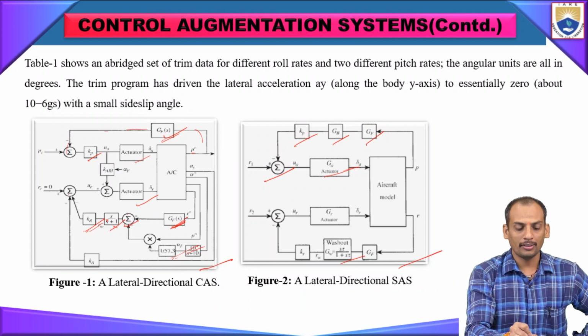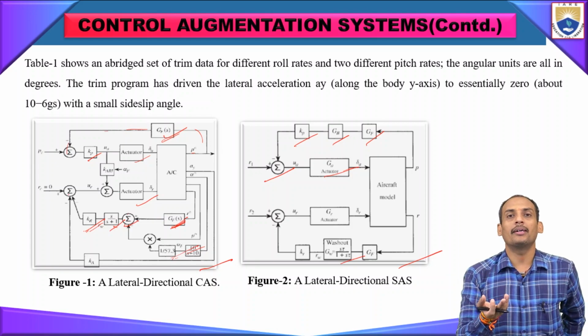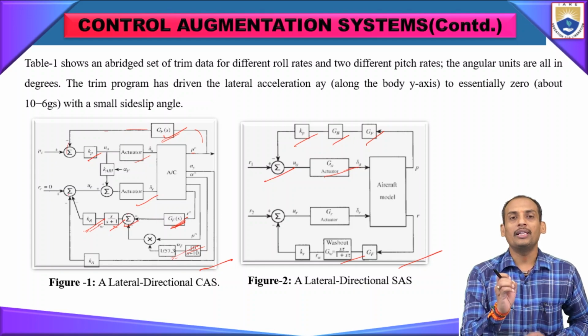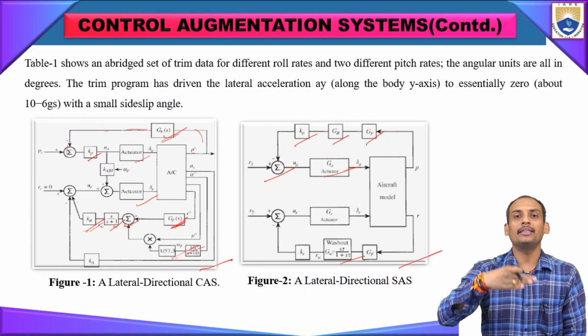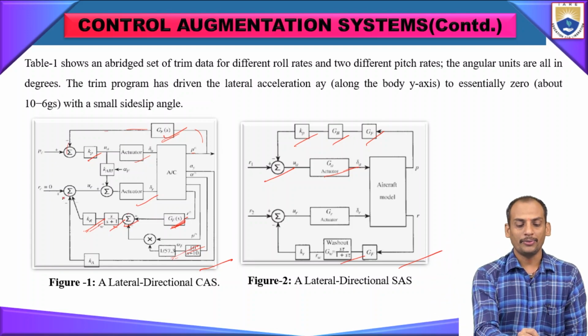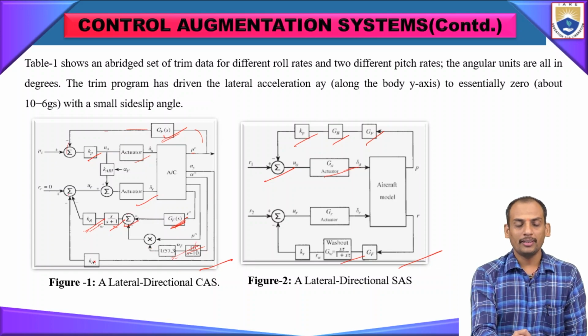Based on this feedback system, the actuator, like the roll ARI, the aileron rudder interconnector, is there. The aileron rudder interconnector will control how much signal is given to the control surface, so that it avoids the stalling region of the rudder. For that only, these two feedbacks have been given here. Along with a feedback, another internal loop is given here, and there is also the elevator rate and aileron rate feedback summed up here.